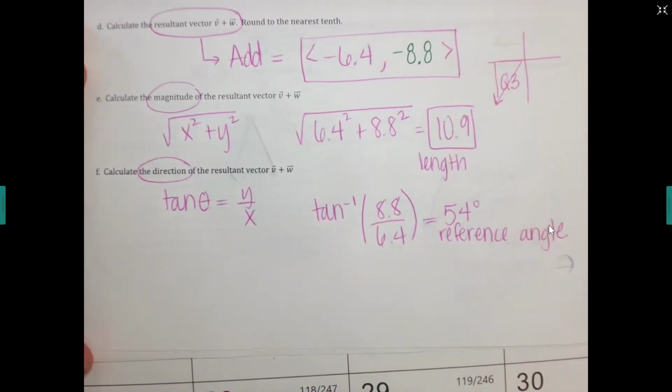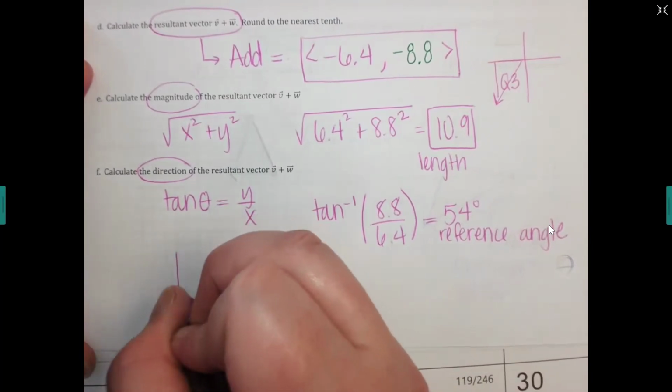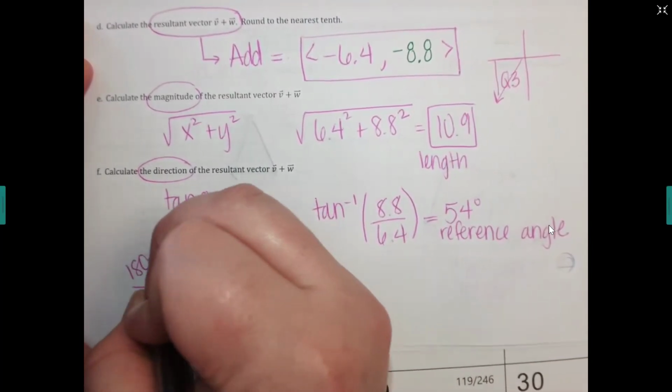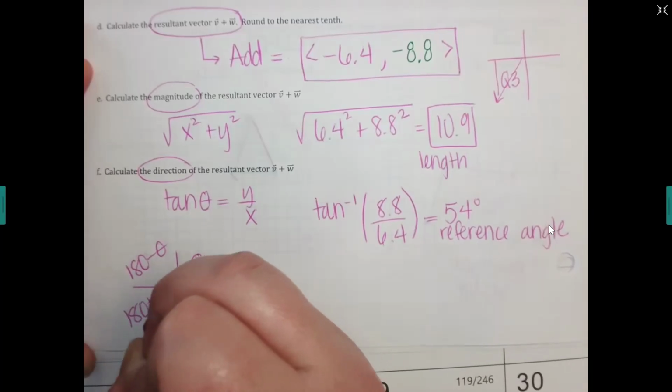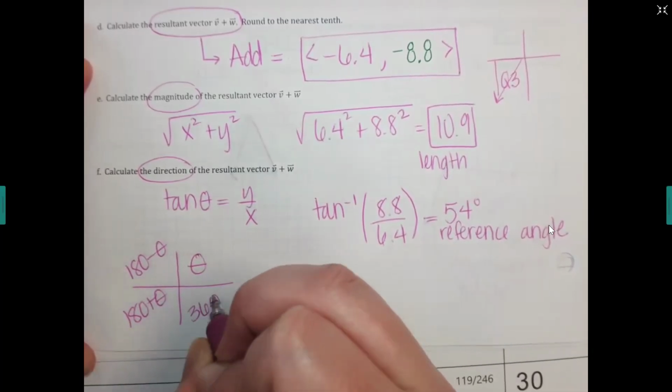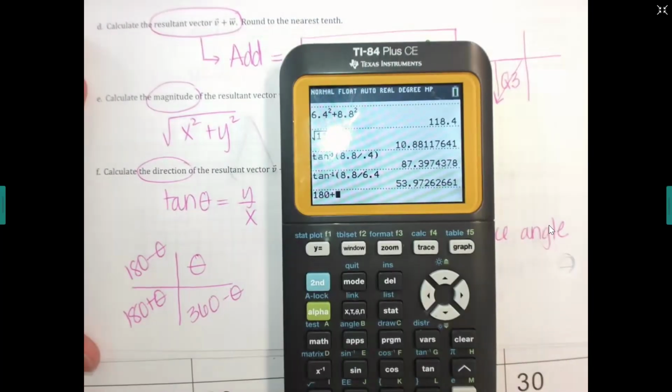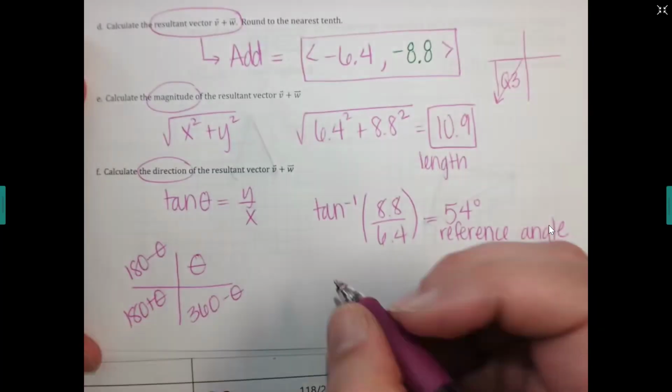Amari already said it's 180 plus, which is correct, but here are the formulas again, in case you lost your other notes. Once I see that I'm in quadrant 3, I know it's going to be 180 plus the 54, and that would be your direction. 180 plus 54 is 234.